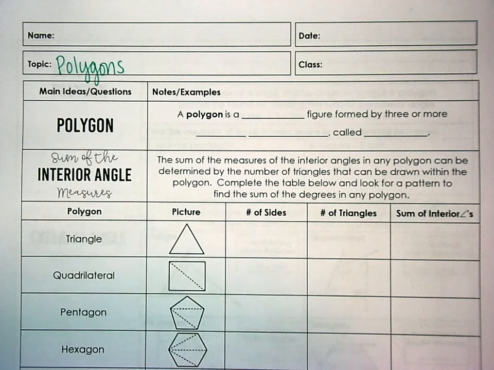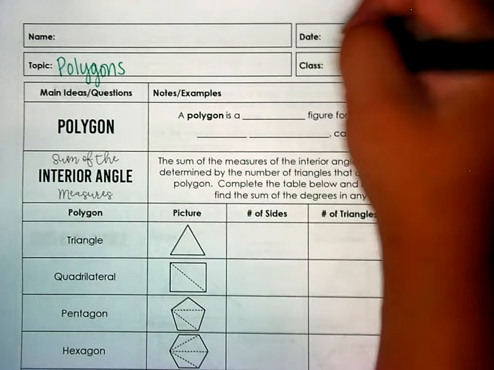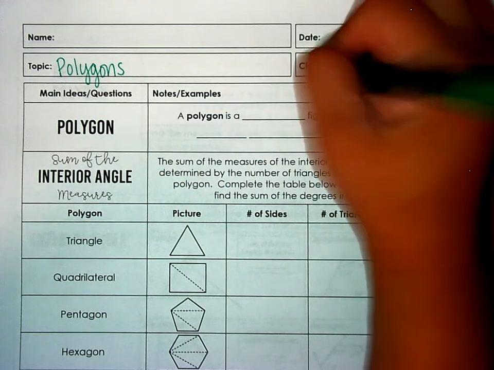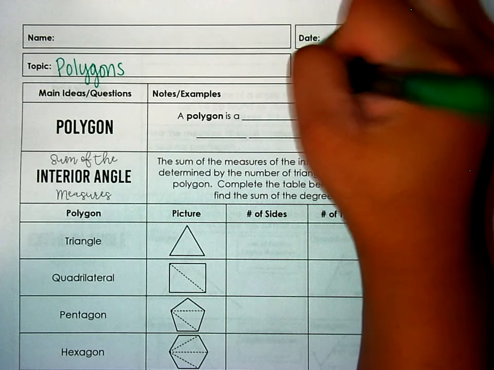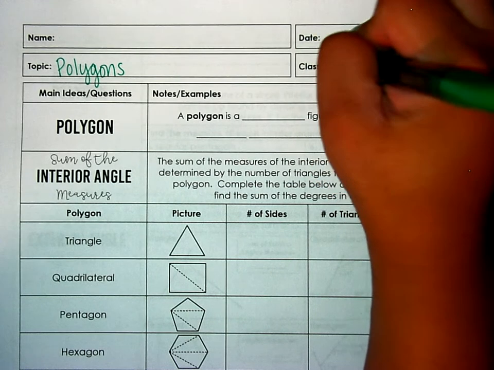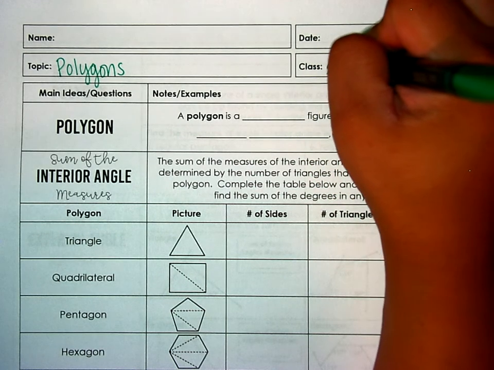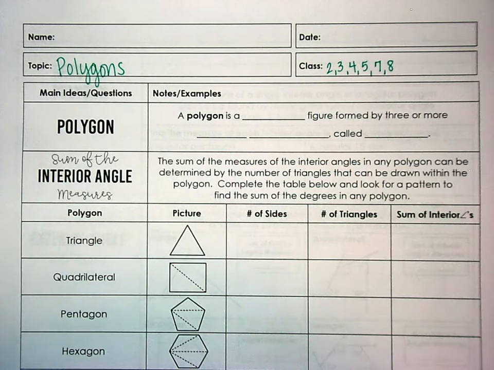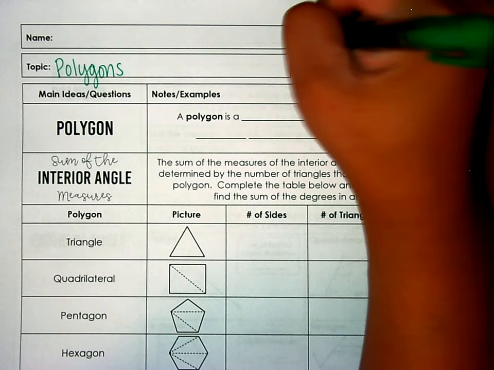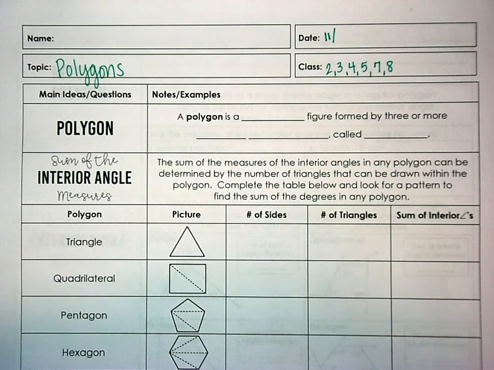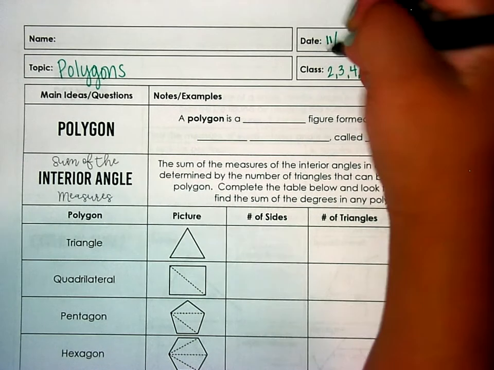Okay, so this is for polygons. Again, your class could be 2nd, 3rd, 4th, 5th, 7th, or 8th. The date, depending on which class period is seeing this: if you're in the odd classes, you would see this on the 18th.